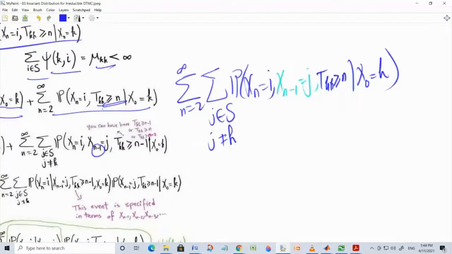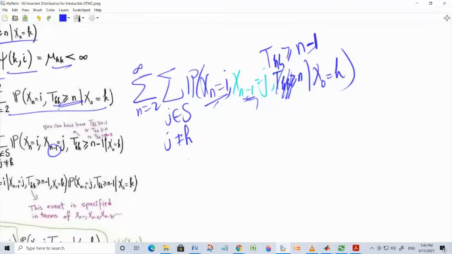Now we are sure that at time instant n minus 1 and time instant n, we are not back yet to state k. Because Xn is equal to i, and Xn minus 1 is equal to j, which is not equal to k, I can put this as Tkk greater than or equal to n minus 1. I can write it like this.